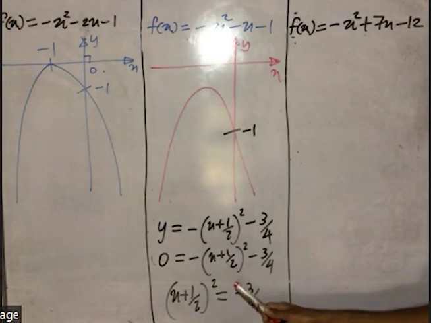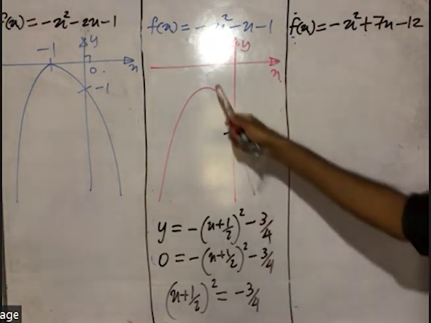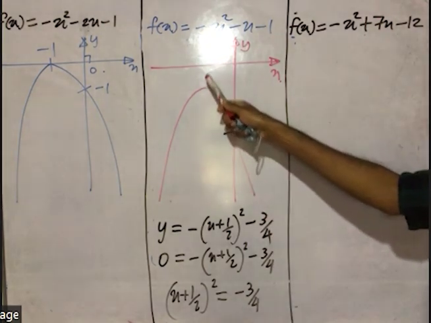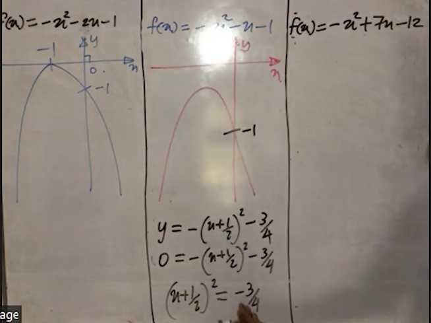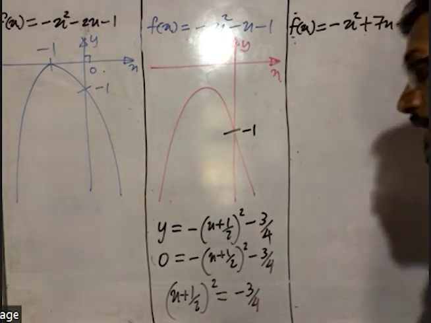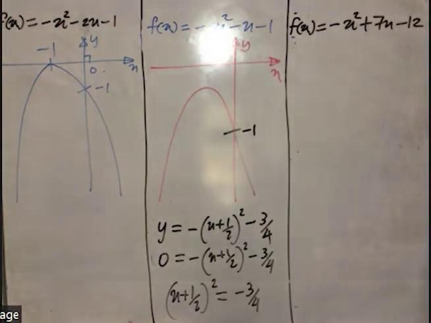Therefore, there are no real roots for this function. We will talk more about these types of numbers in the complex numbers lesson. But for now, we can't take the square root. Therefore, there are no intersection points in this graph.